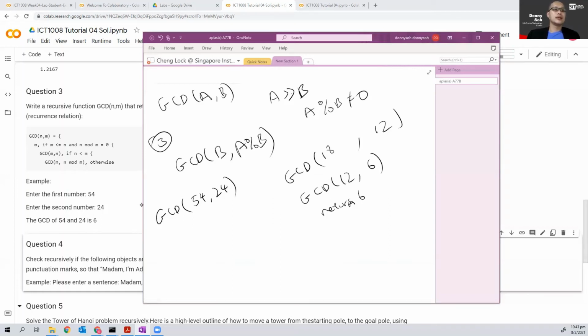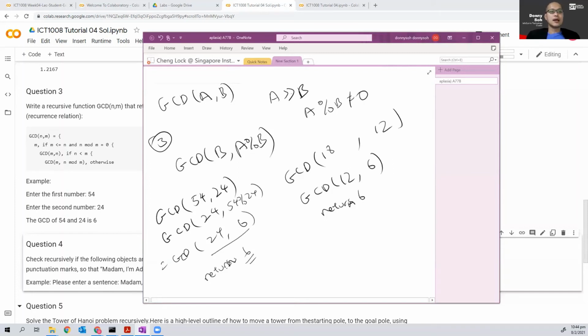And it will go on to the third condition, which will be GCD of 24, 54 mod 24. 54 mod 24 is 6, because 24 times 2 is 48, and 54 mod 48 is 6. So we get GCD of 24 and 6, which passes the first condition and so returns 6.